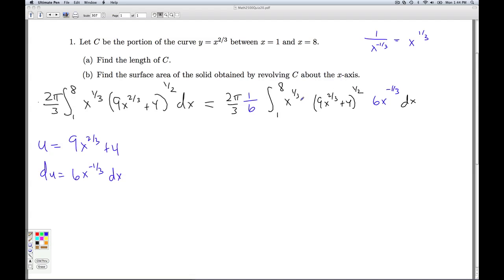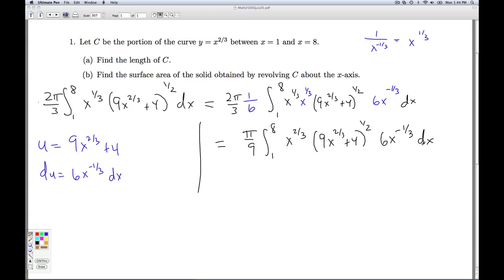So what I need to do is multiply the integrand by x to the 1/3. So to get this thing ready to integrate, the 2 goes in here. I've got a pi over 9, integral 1 to 8, x to the 2/3 times 9x to the 2/3 plus 4 to the 1/2, 6x to the minus 1/3 dx.